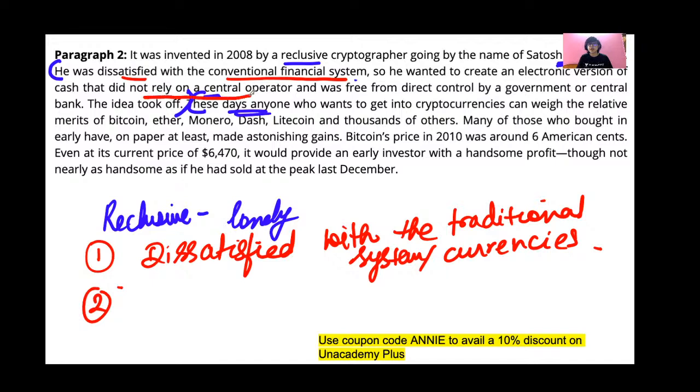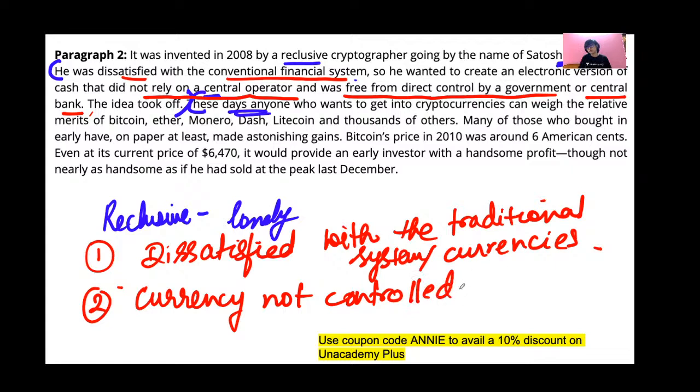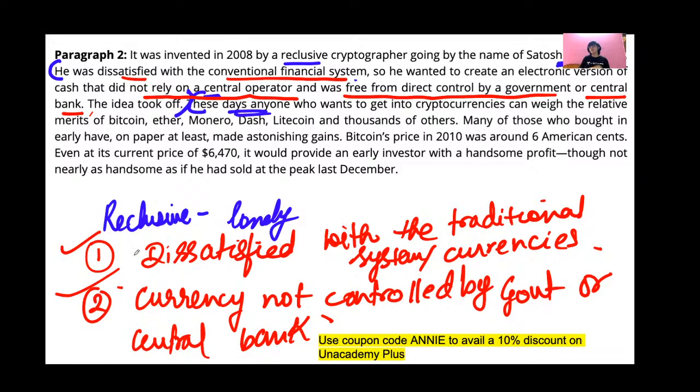That did not rely on a central operator and was free from direct control by government or central bank. So he wanted a currency that was not controlled by a central operator, that was not controlled by government or central bank, and that did not depend on a central operator. So what did he want? A currency not controlled by government or central bank. So these are the reasons why he wanted to create a cryptocurrency.